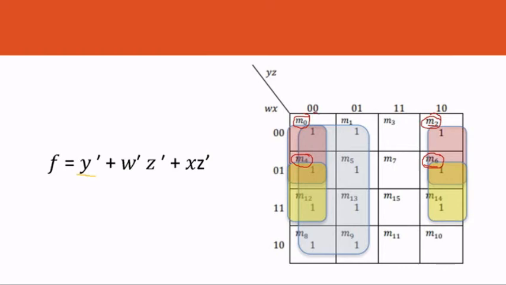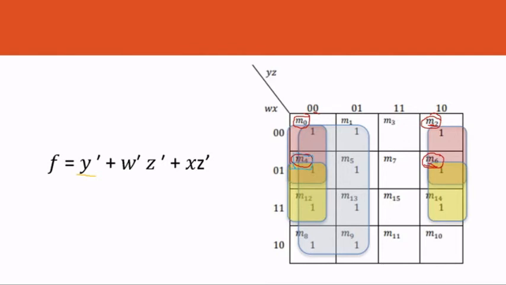And let's look at the value of Z. So M0 and M4 have the same value, which is Z prime. Same as M2 and M6. So they have the same value of Z, which is also Z prime. So we have here W prime, Z prime.